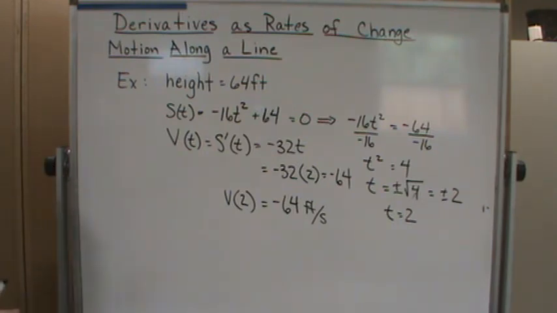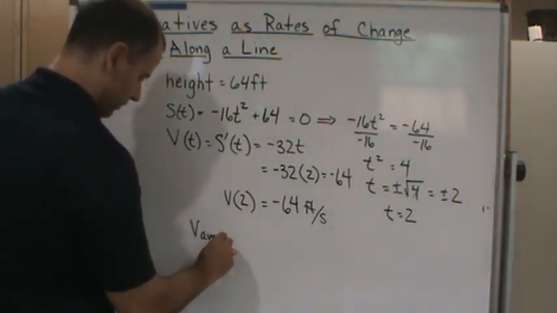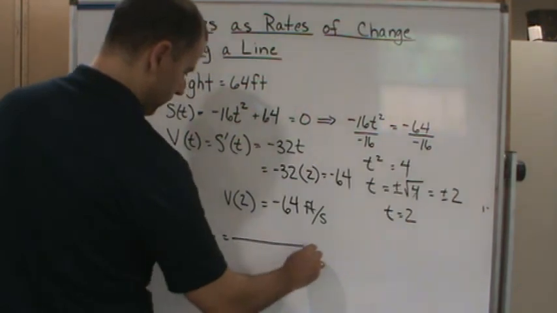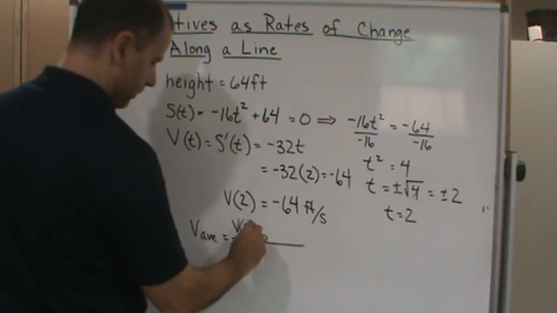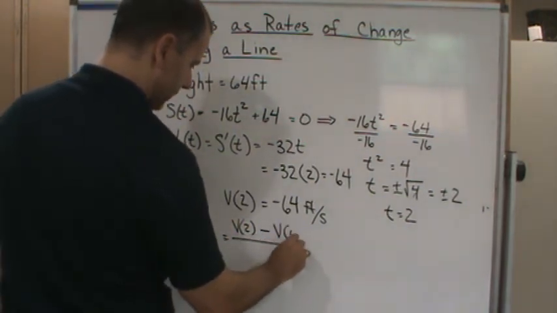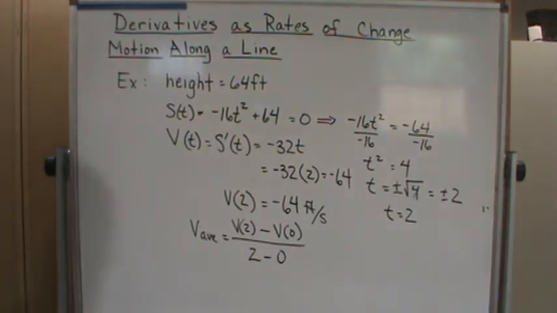Now, what's the average velocity of the ball during its fall? Well, that's easy, right? The average velocity would use the initial velocity and the final velocity. So the average velocity is equal to the final velocity minus the initial velocity over the time period, right?